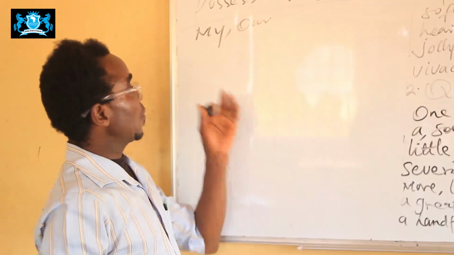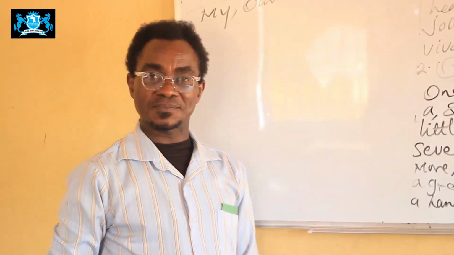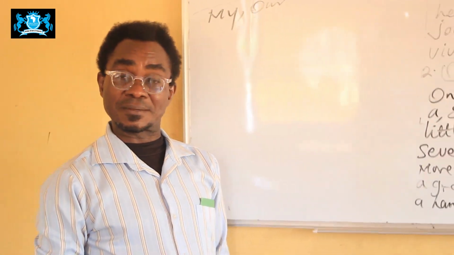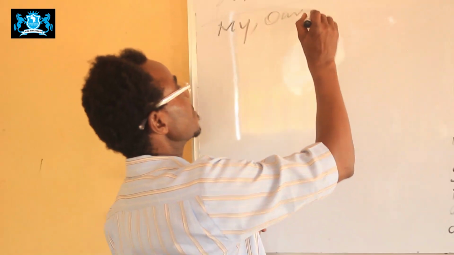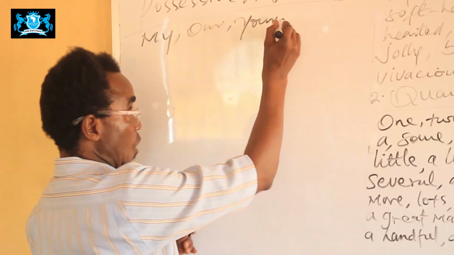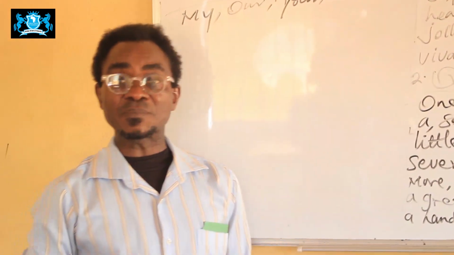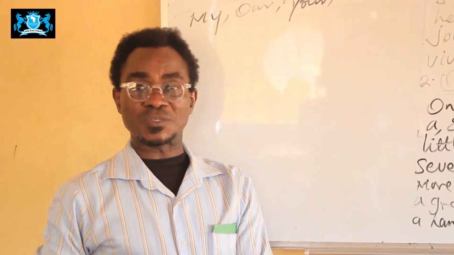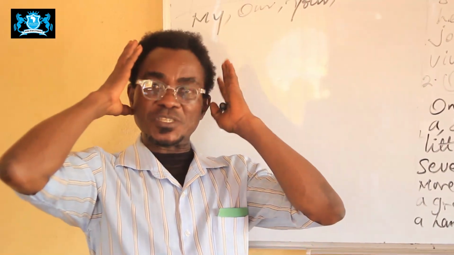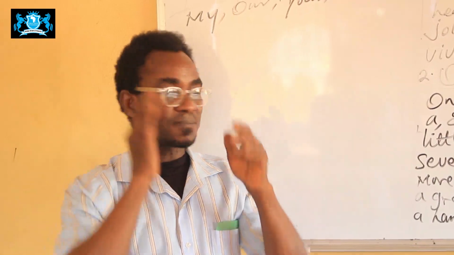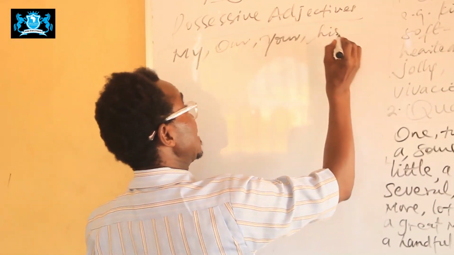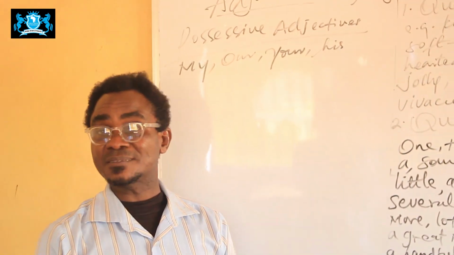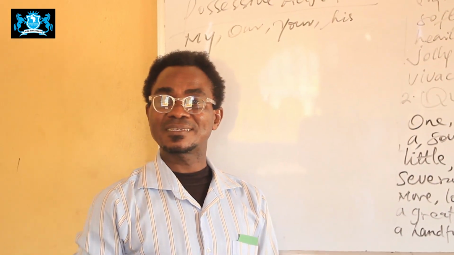Our, which is the plural of my. Our grandmother, our town, our car. Your, for the second person, something that a second person owns. Your hair looks bushy, why don't you have a haircut? His, for the third person, masculine gender.